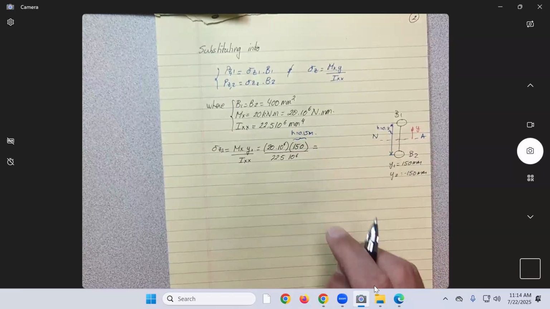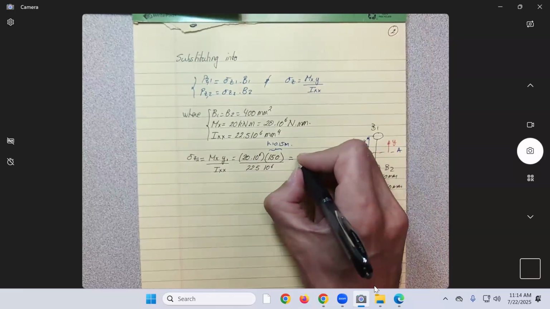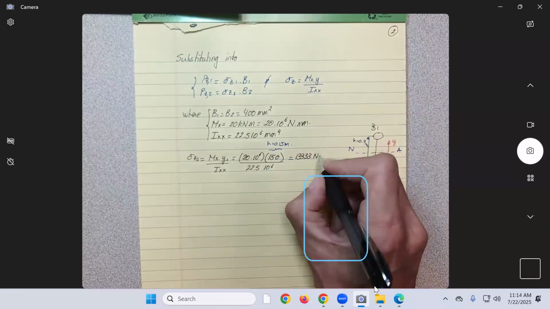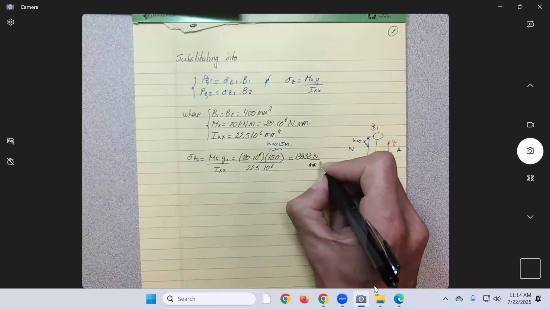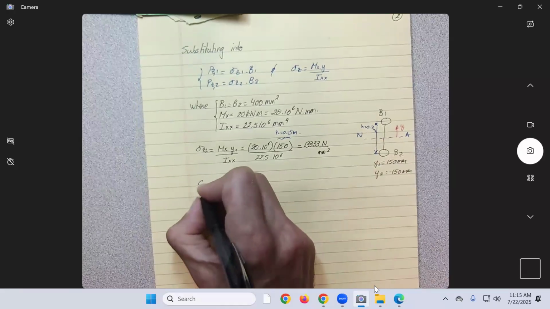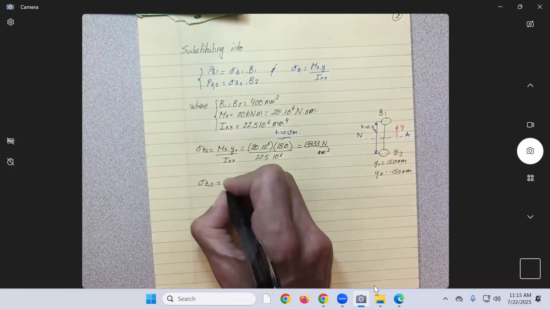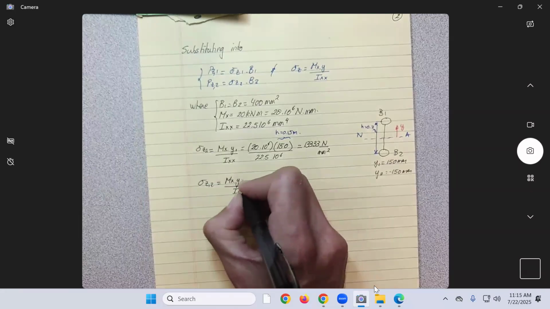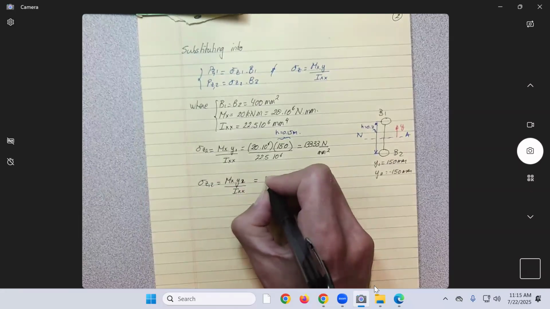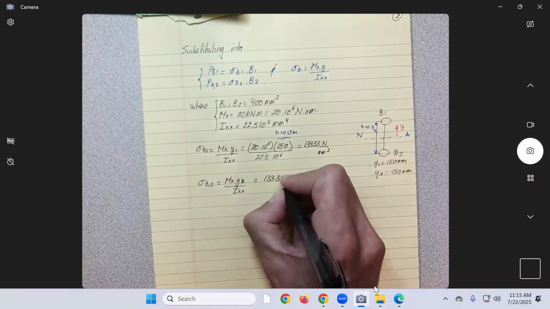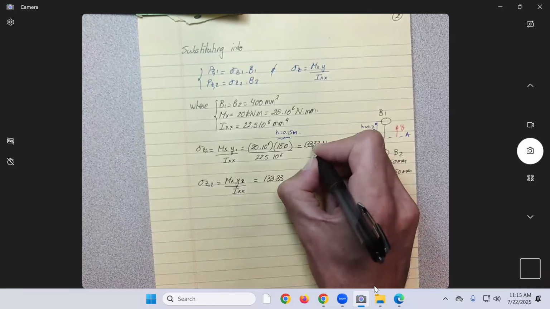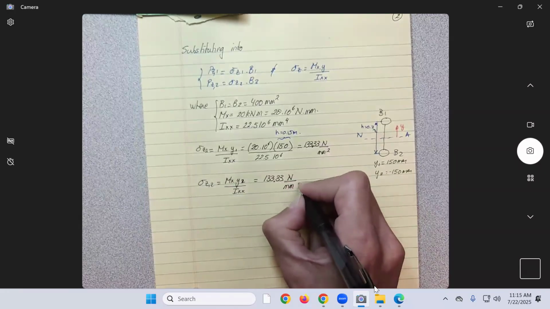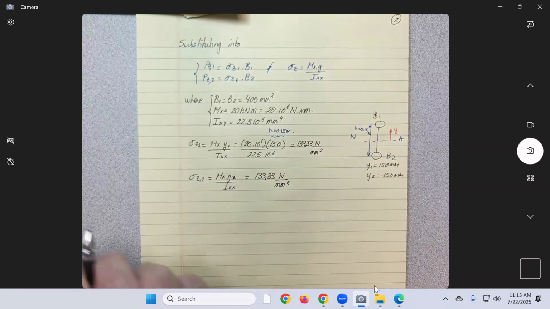If you do this calculation, you get 133.33 newtons per millimeter square. Similarly, sigma Z2 will be equal to Mx times y sub 2 over IXX. This will give you 133.33 newtons per millimeter square.